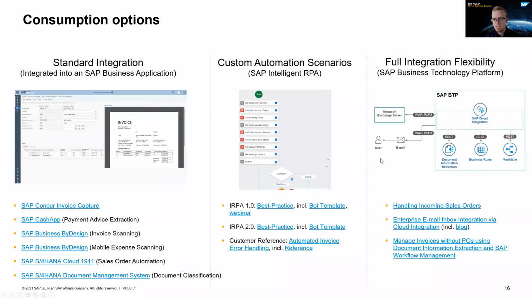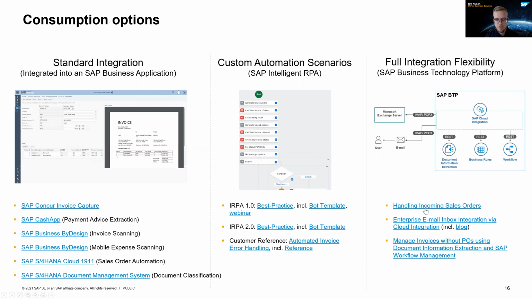And last but not least, in case you want full integration flexibility, you can, of course, consume our services also within SAP Cloud Integration and combine them with further services on the business technology platform, such as business rules or workflow management to build your own business scenario, including our AI services, but also including further services on business technology platform.